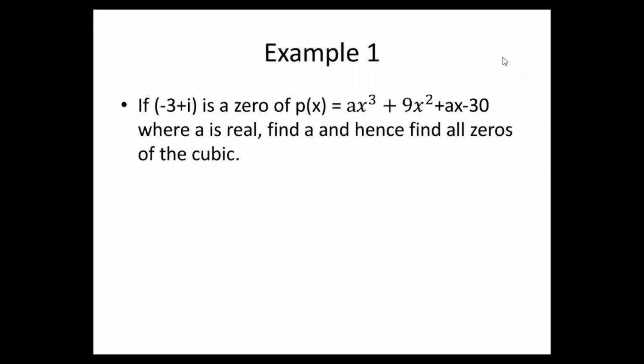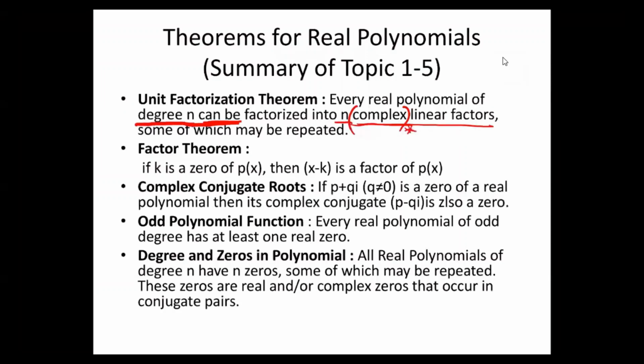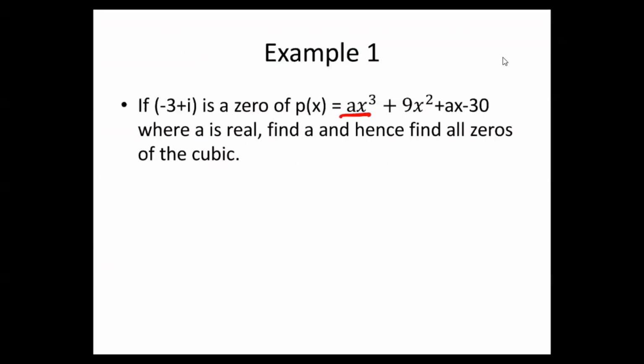So what should be my first step? My first step would be finding a. Well, what you're going to use is this theorem, the complex conjugate root theorem. If p plus qi is a zero, then p minus qi is a zero. So according to the theorem, what will be my second zero?